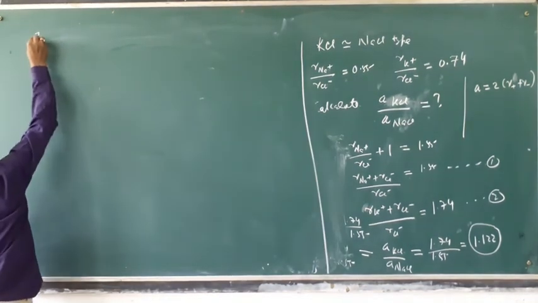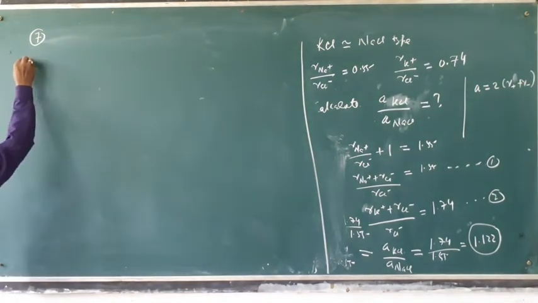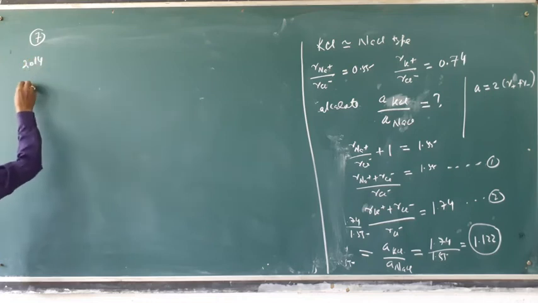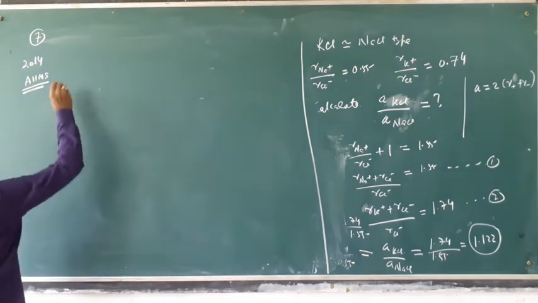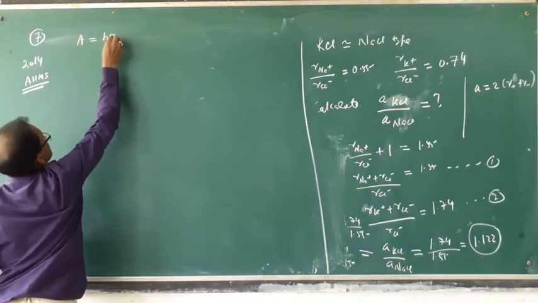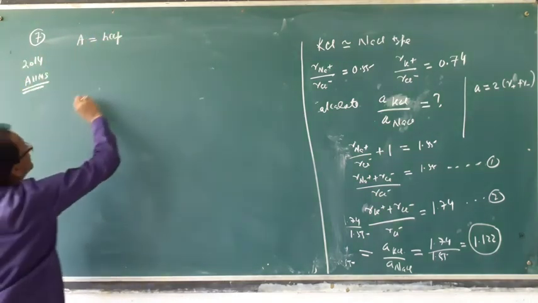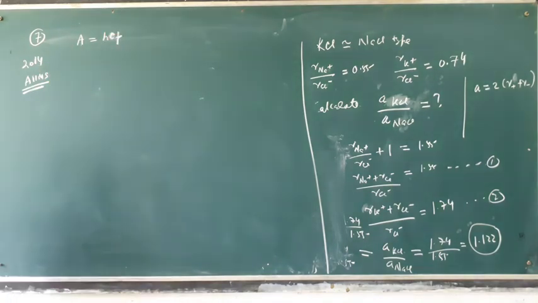Question number 7. This is your 2014 AIIMS question. The question is like this: A occupies the CCP pattern, or HCP pattern. Which one? A occupies the CCP pattern.